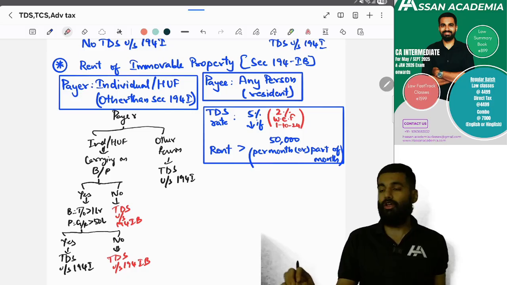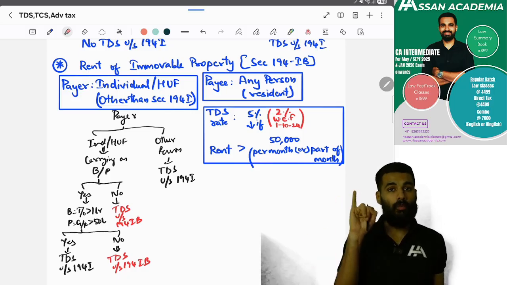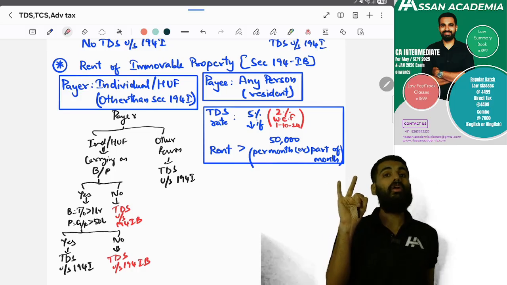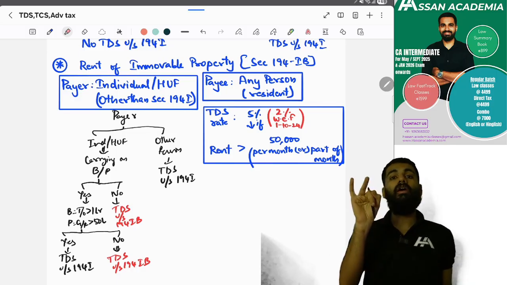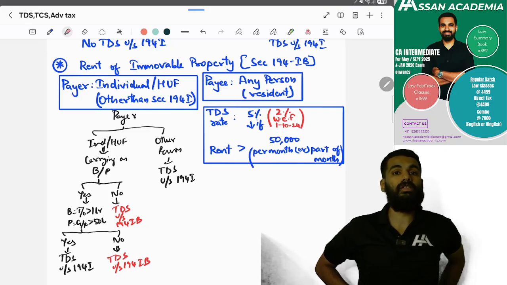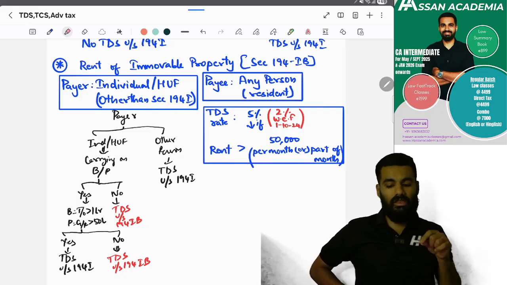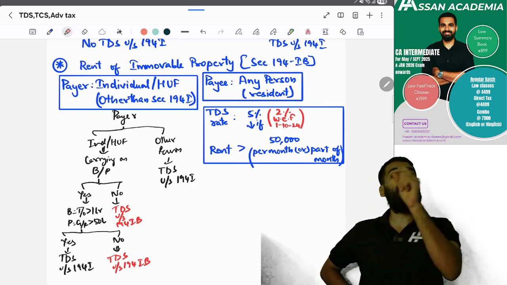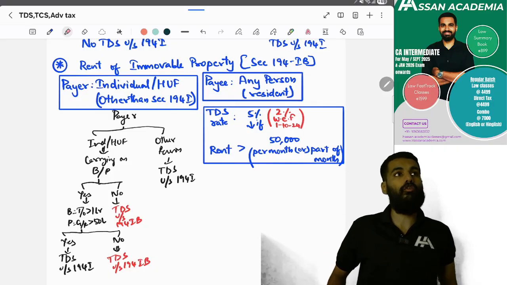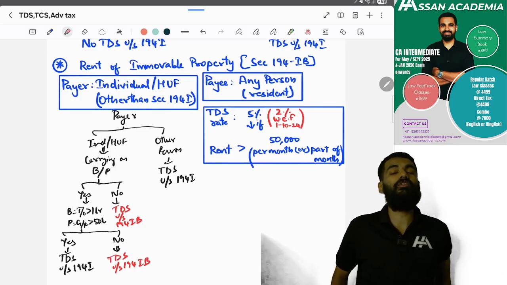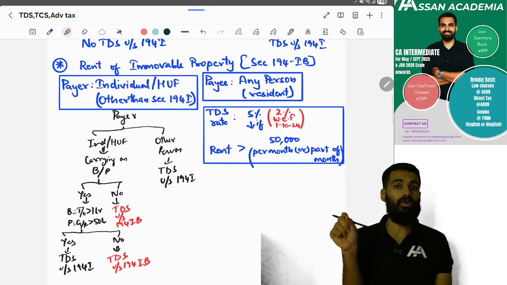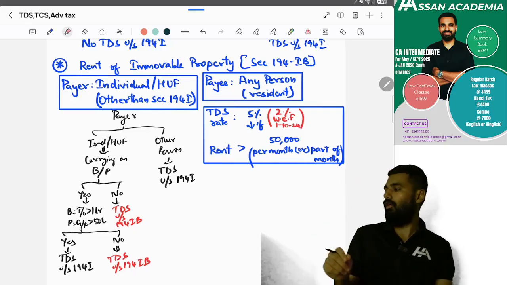Payer is an individual and HUF, where this individual or HUF either is not carrying on any business or profession, or if carrying on any business or profession, is earning turnover up to 1 crore, or profession gross receipt up to 50 lakhs. This particular payer, if making payment to any resident person, then TDS of 5% will get attracted, but with effect from 1st October 2024, 2% will get attracted if the rent is more than 50,000 rupees per month or part of the month.